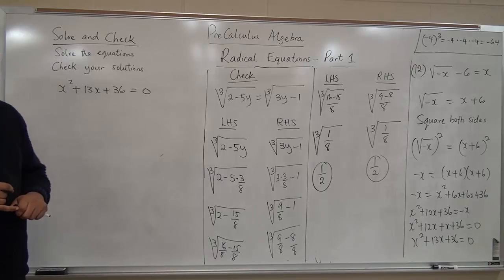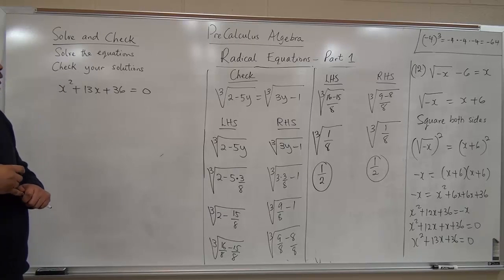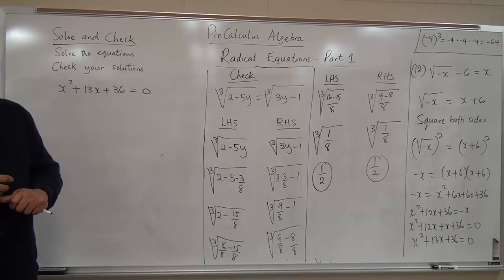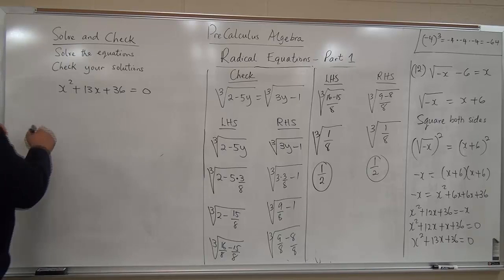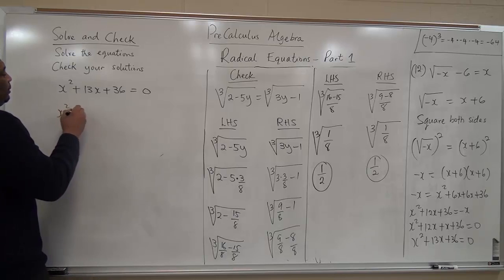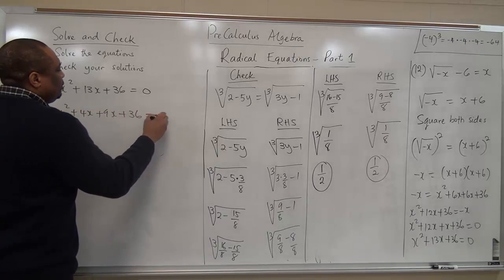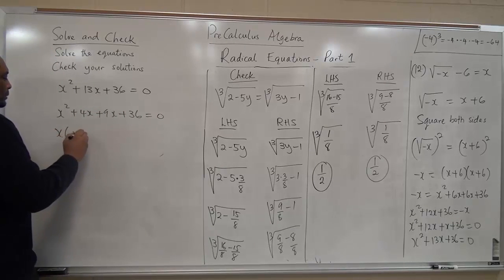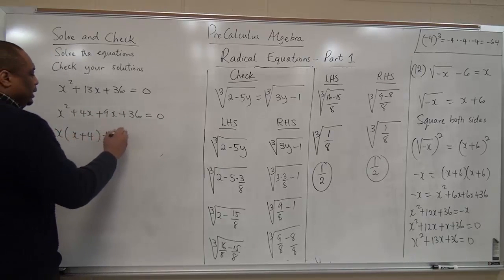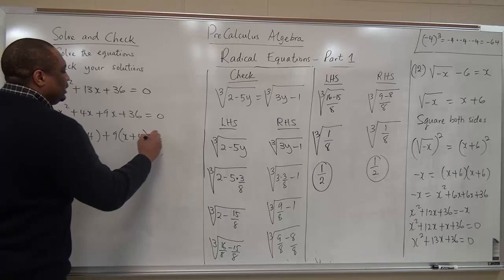2 and 18 will not work. 3 and 12 will not work. 4 and 9 will work. So this is x squared plus 4x plus 9x plus 36 is 0. x times x plus 4, plus 9 times x plus 4, is 0.